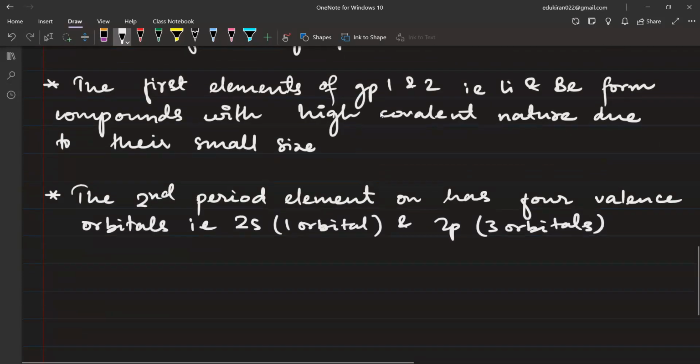And that is the reason they can only accommodate 8 electrons. 8 से ज्यादा electrons second period के elements में कहीं भी bonding से नहीं बन सकते.